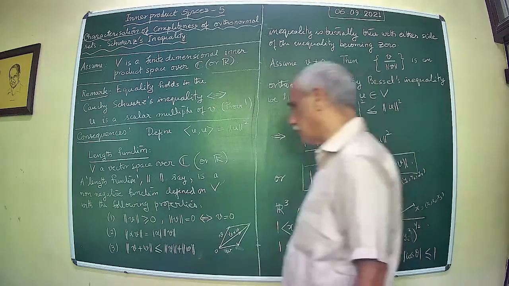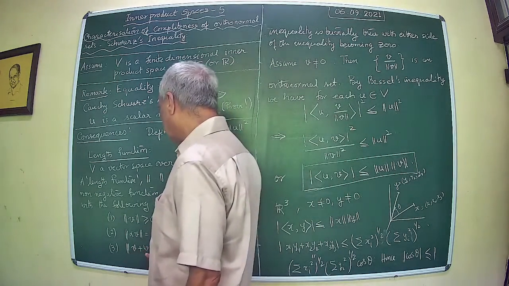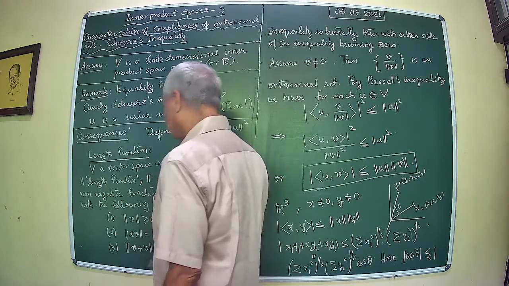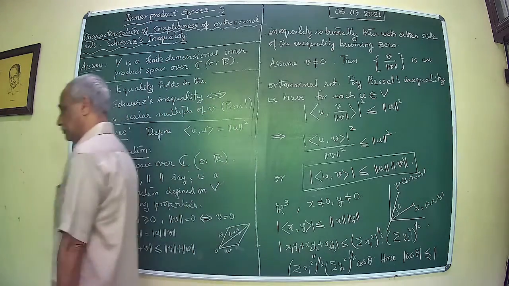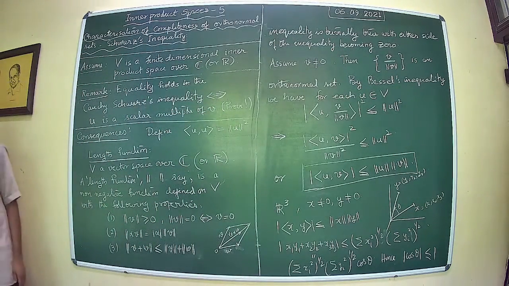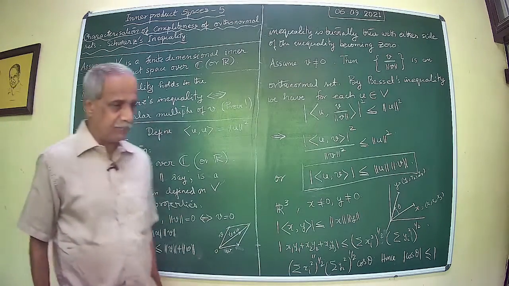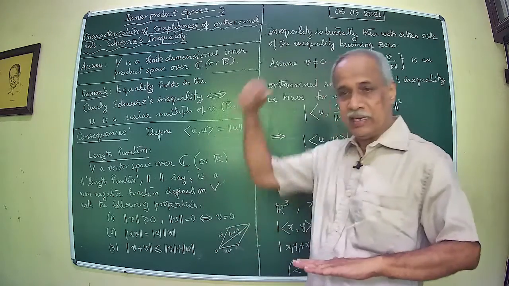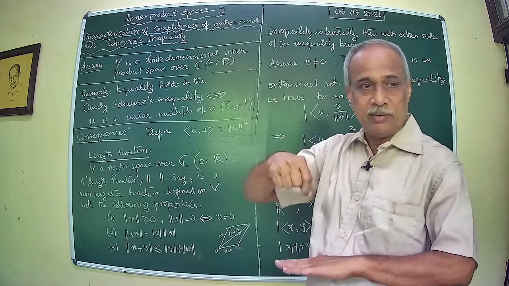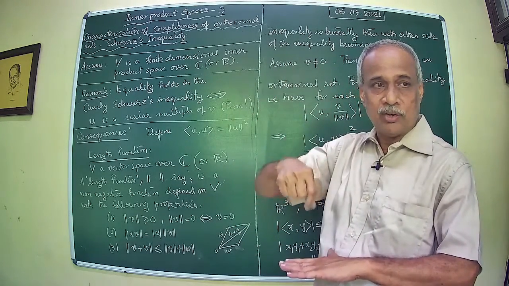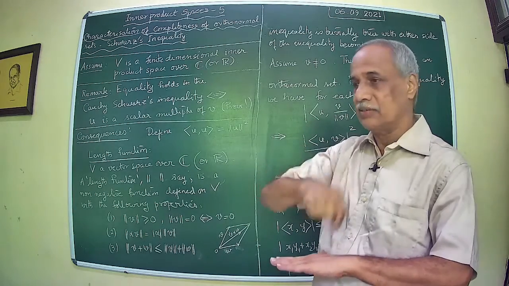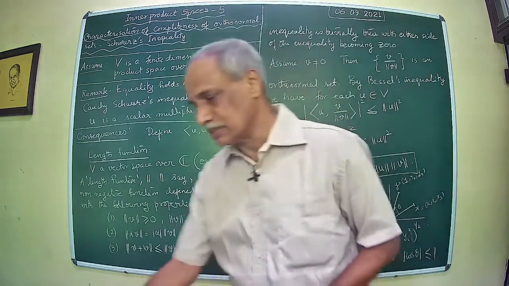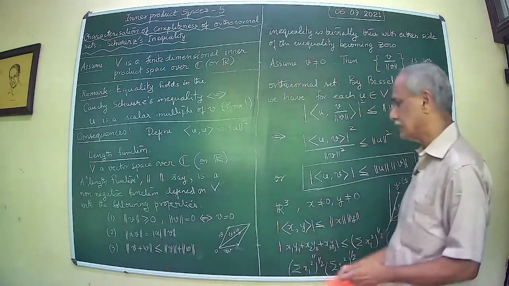So here, how is the length of V plus W related to the length of V and the length of W? Now this is mandatory, in the sense that once you have a structure on the space and you are bringing in a new thing, you have to immediately make sure how it interacts with the prevailing structure, and that is important. You will see this coming everywhere.